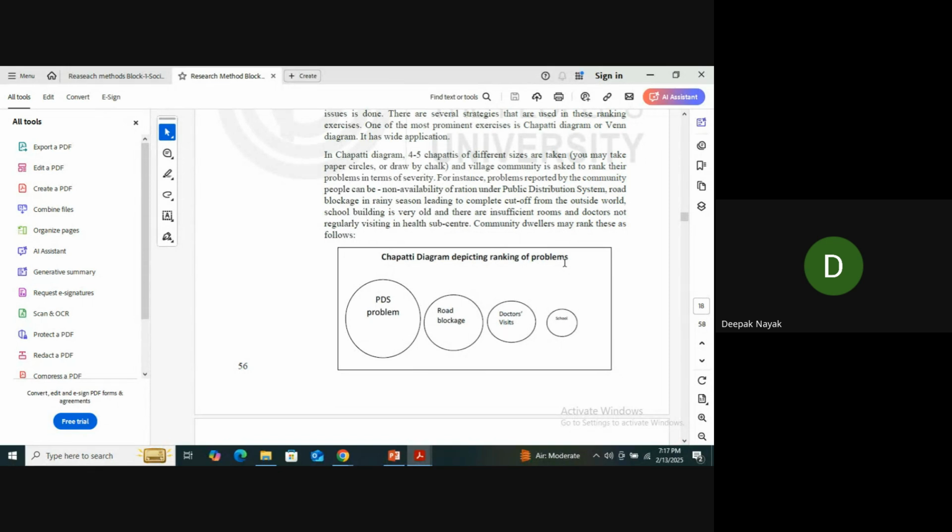So here these people have displayed in the chapati diagram that PDS is the biggest problem, and PDS means public distribution system. Okay, in the Indian context, it is the public distribution system where the government distributes some rations to the poor people under the BPL category, below poverty line.